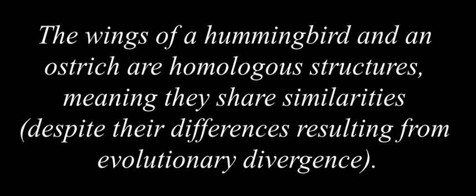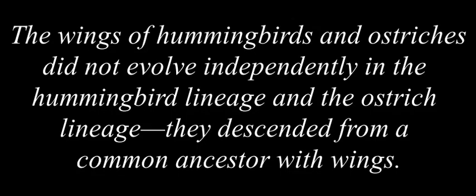The wings of a hummingbird and an ostrich are homologous structures, meaning they share similarities despite their differences resulting from evolutionary divergence. The wings of hummingbirds and ostriches did not evolve independently in the hummingbird lineage and the ostrich lineage. They descended from a common ancestor with wings.